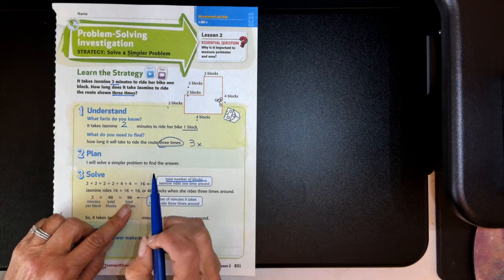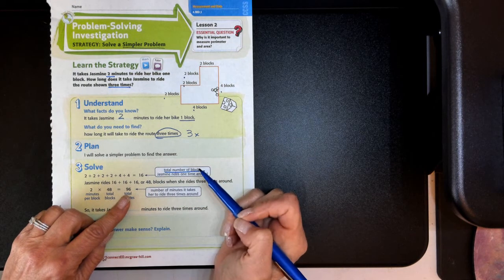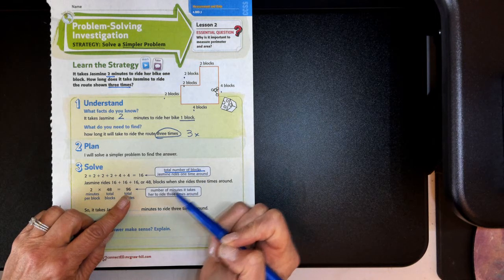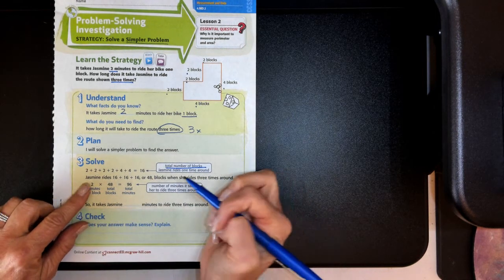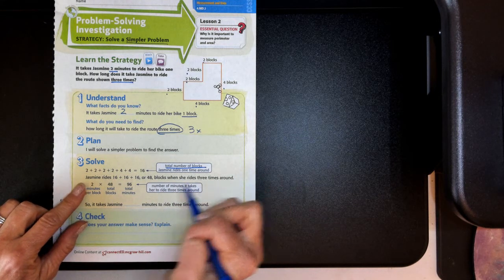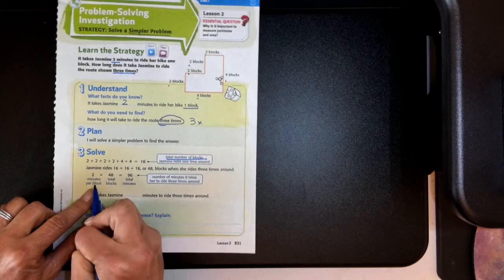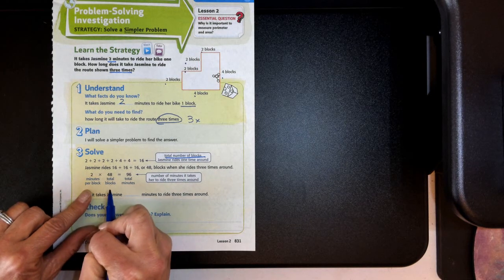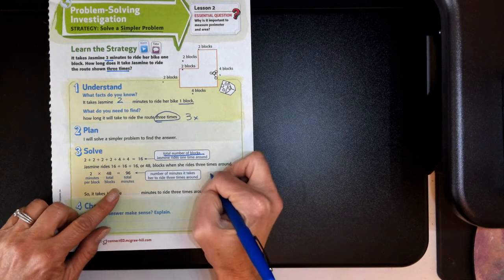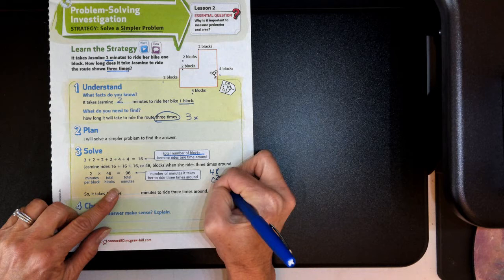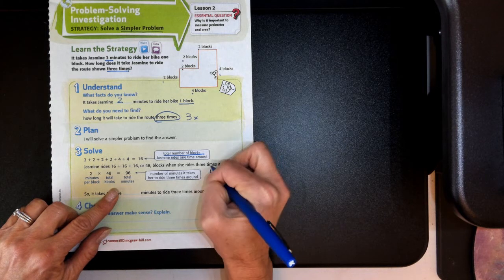But as you remember, the question was how long does it take her to ride 3 times around? Well, 16 is the number of blocks for one time, so 3 times around is 48 blocks. We know that for each block it takes her 2 minutes. So I'm going to multiply 48 times 2. 2 times 8 is 16.